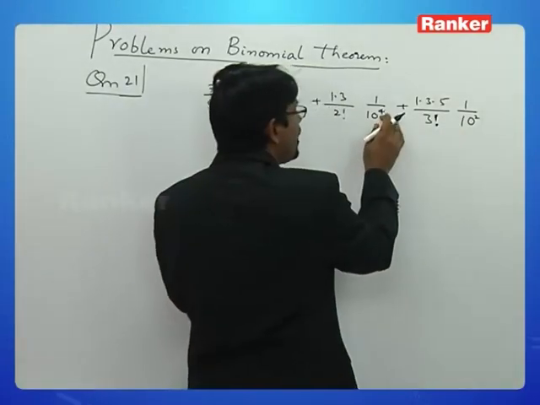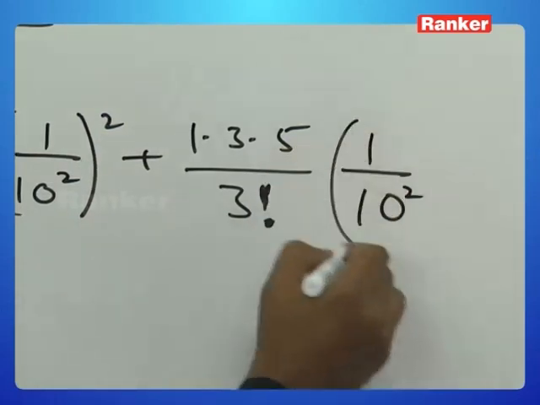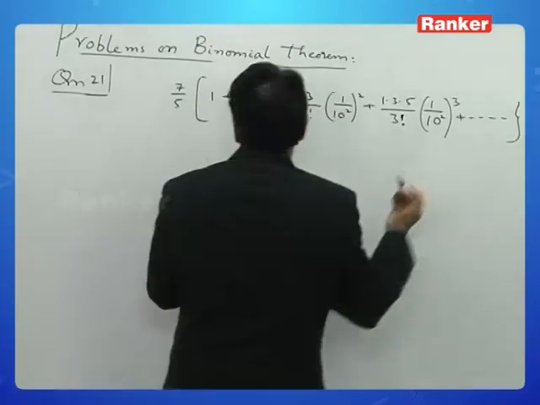So we will write this as (1 by 10 square) whole square, and we'll write this as (1 by 10 square) whole cube, and so on up to infinity.